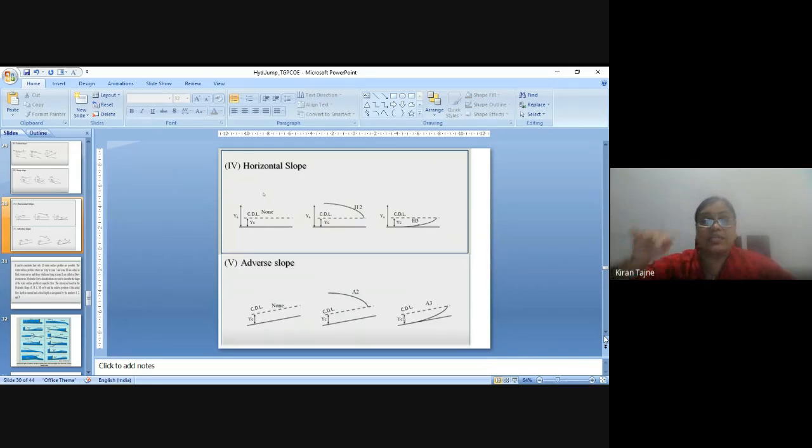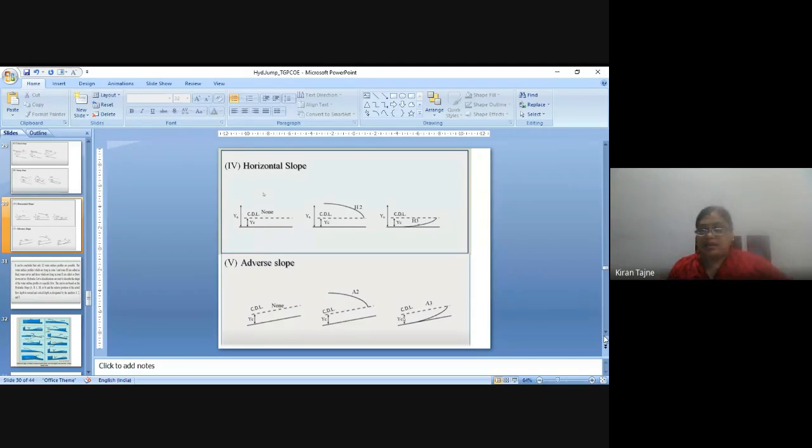Again, for horizontal slope there is only the critical depth line CDL. Yn is infinite, because we cannot measure or predict that depth in the horizontal slope case.